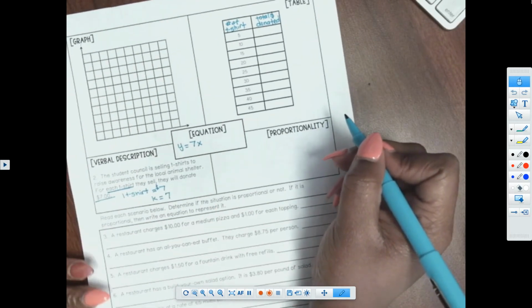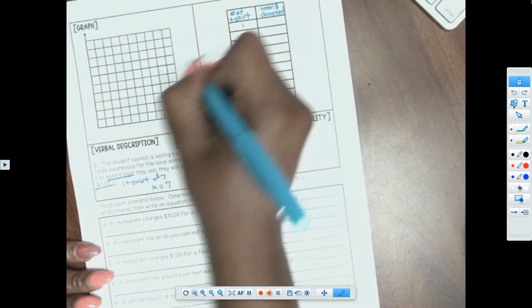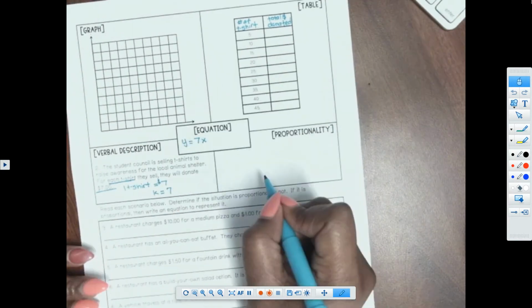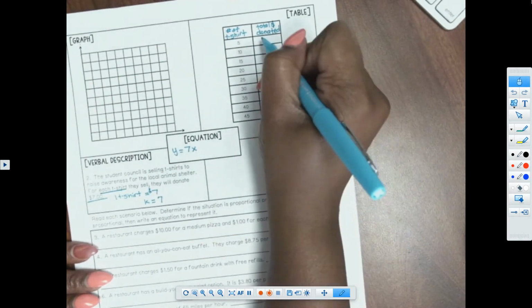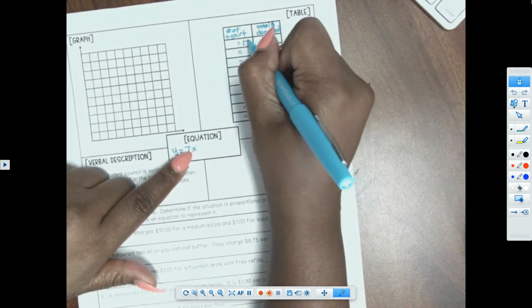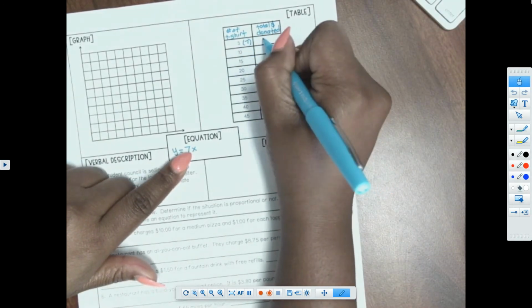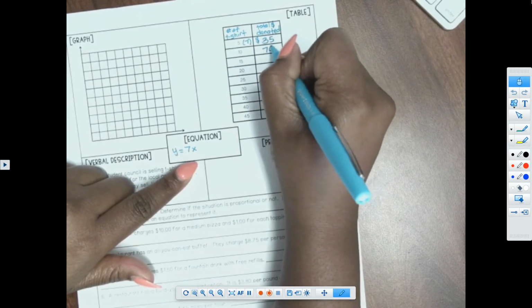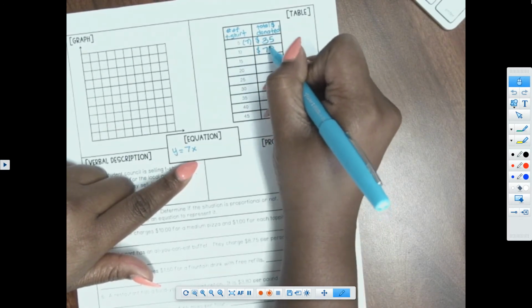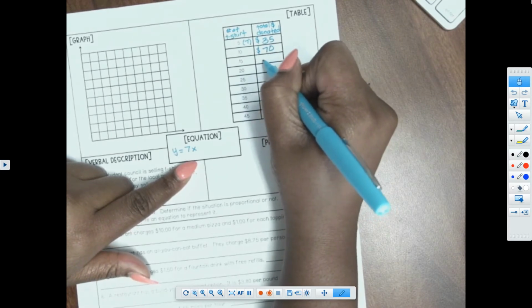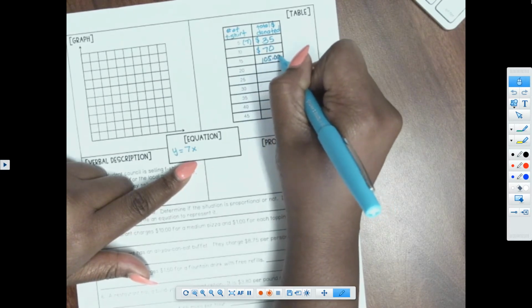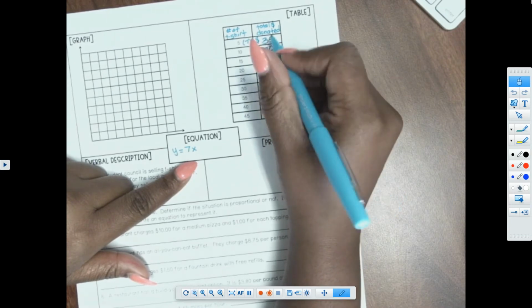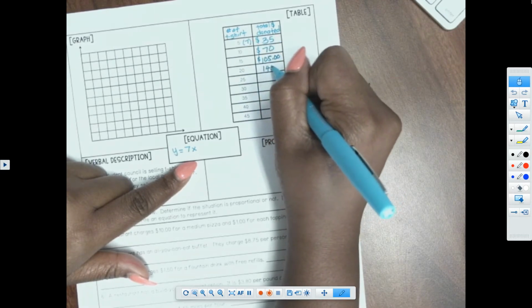Okay, so if you want to plug this into our equation, here it would be 5 times 7, because I sold 5 shirts. That means I made $35. 10 means that I made $70. 15 means that I made $105. 20 means that I made $140.